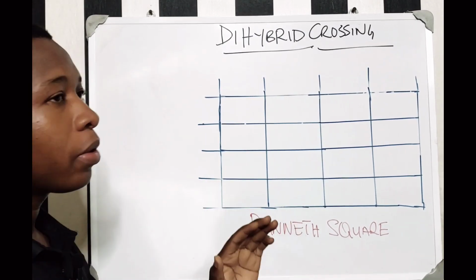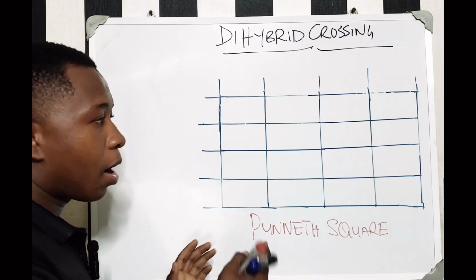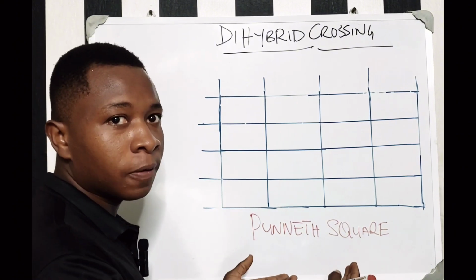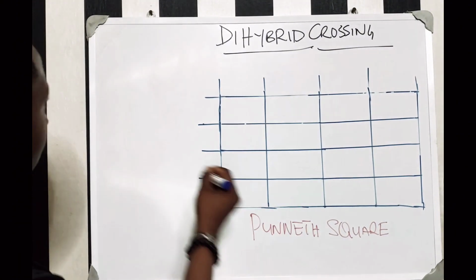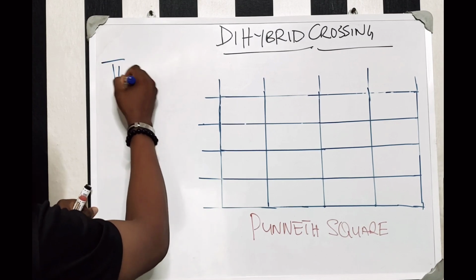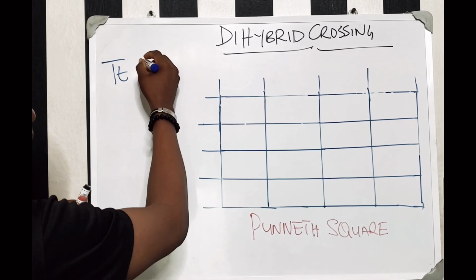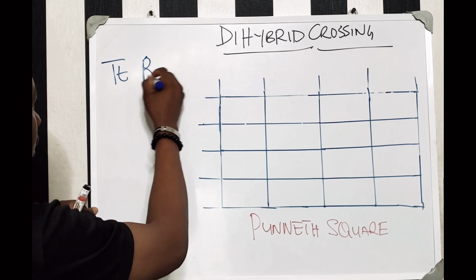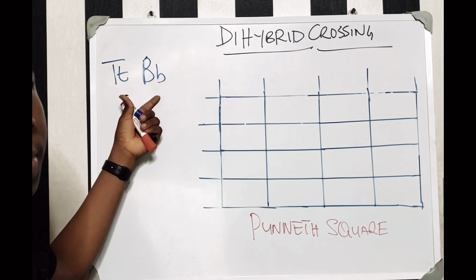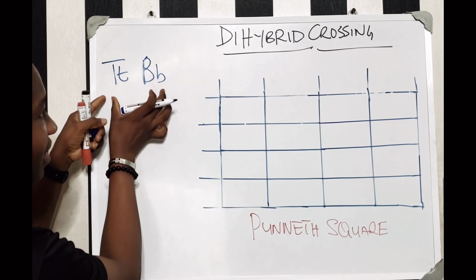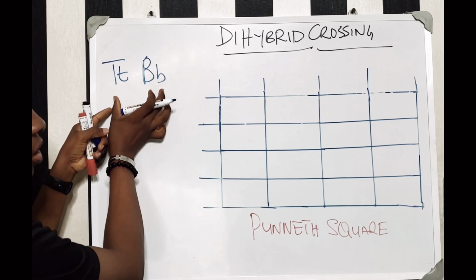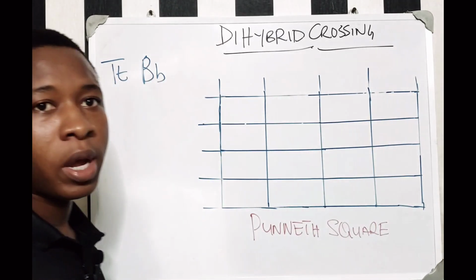Now we are going to bring back our genotype that we got. Remember, our genotype was this, and this was our genotype. So we are going to be crossing these traits in this Punnett square method.